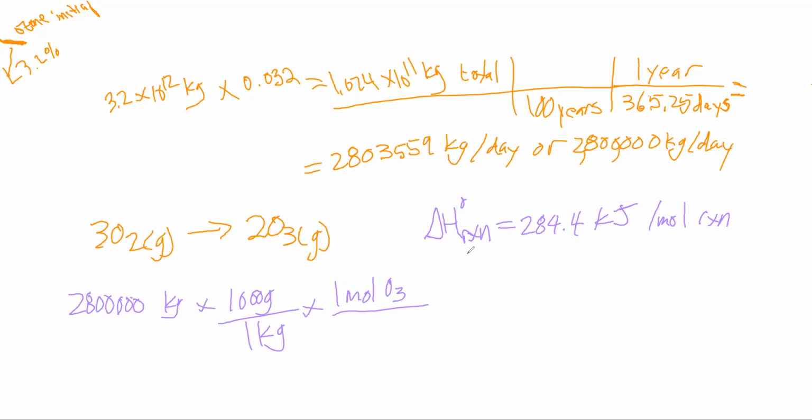Molar mass. I need to get this back up. Perfect. So we have 48.00 grams per 1 mole. And then we know that there's 284.4 kilojoules of energy for every 2 moles of ozone we make from our equation.